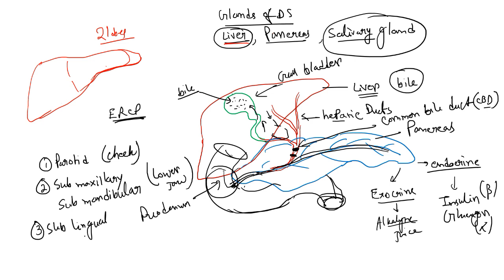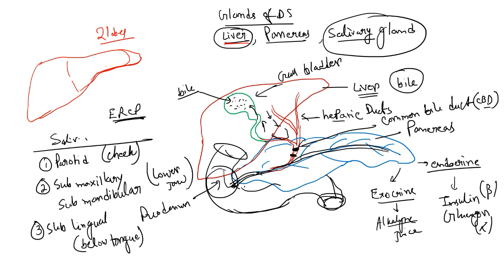And as the name suggests, it's below the tongue. Sub means below. So below the tongue, sublingual. So this is regarding the salivary gland. Sorry for the bad handwriting here. Okay, these are the components.